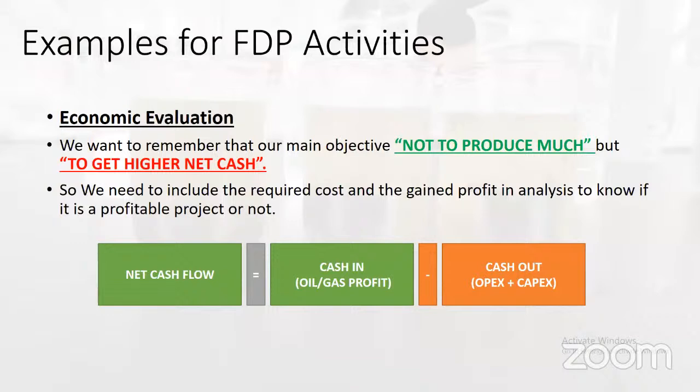In case we have a high impact on the cash flow, a high production that can cover the cost of the water injection project, it's okay, and let's go and apply water injection.